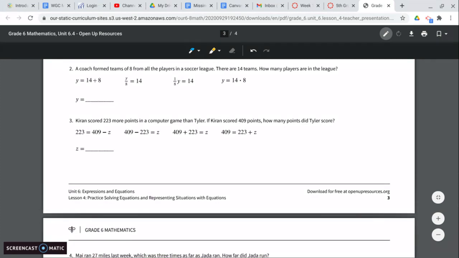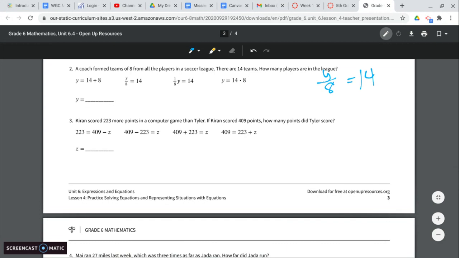All right, number 2, a coach formed teams of 8 from all the players in a hockey league. There are 14 teams. How many players are in the league? So we know we have 14 total. A coach formed teams of 8 from all the players. So all the players we'll say is y divided by 8 because that's how many teams there are, and it results in 14 teams.